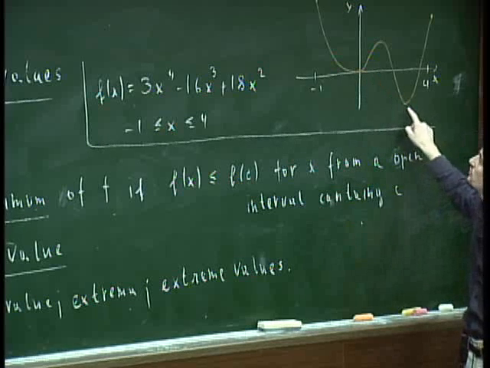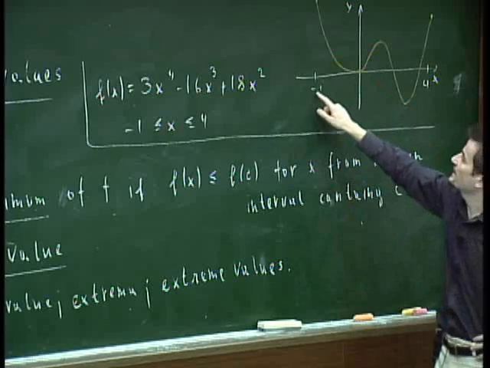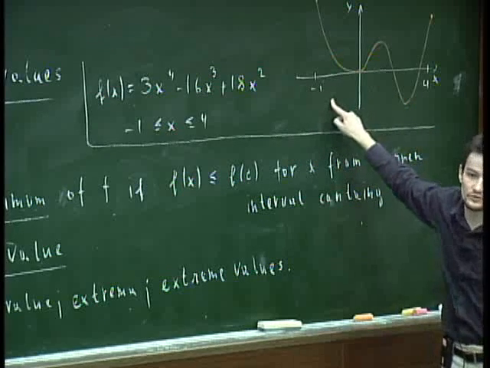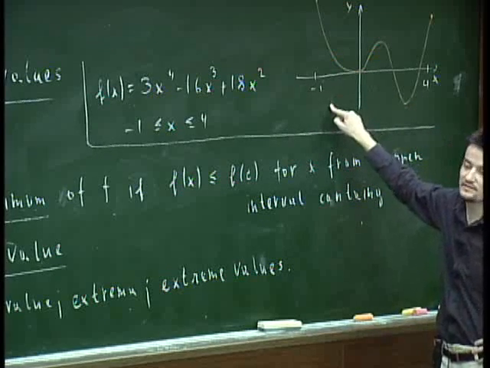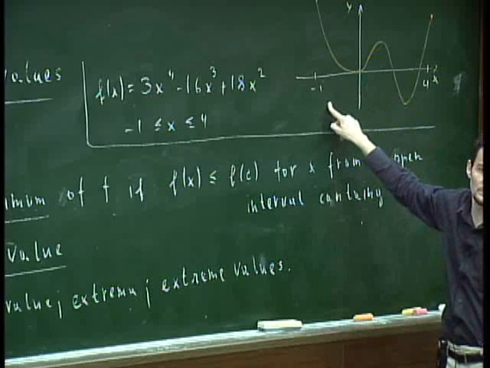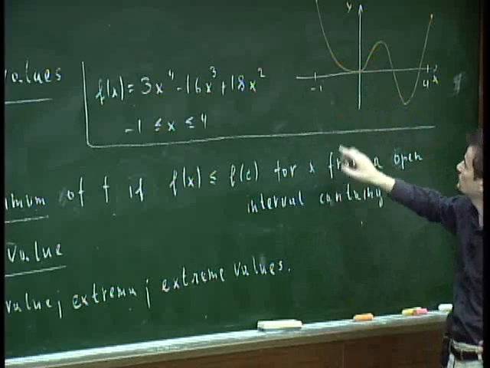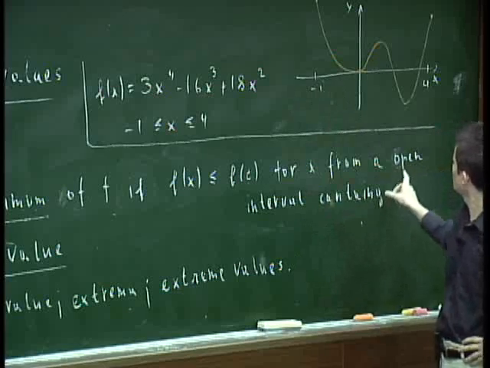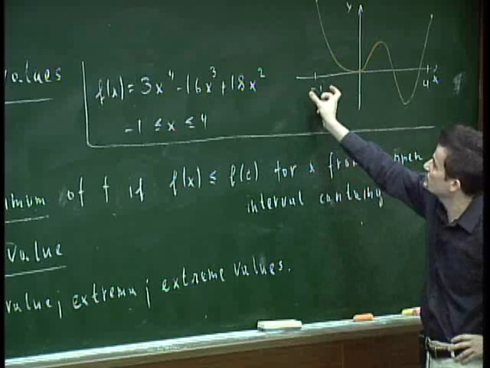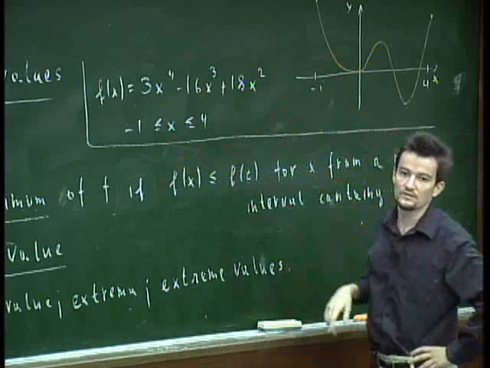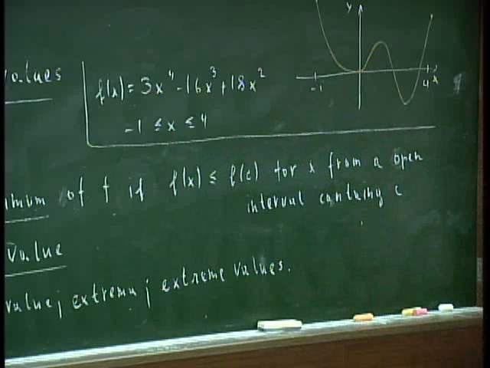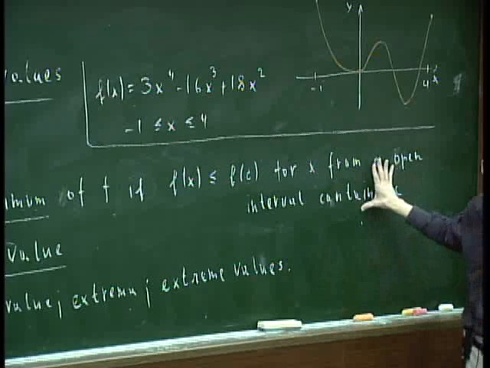You see that at minus 1, the function has an absolute maximum, and now the important thing: this absolute maximum is not a local maximum, because you cannot find an interval around minus 1 which is completely in the domain, such that this is satisfied here.